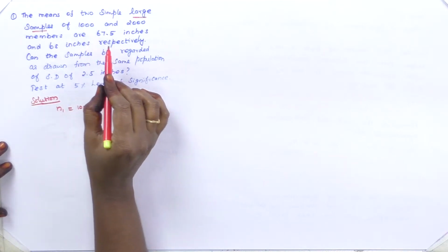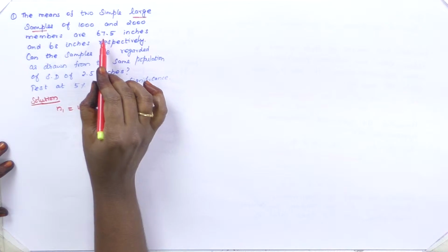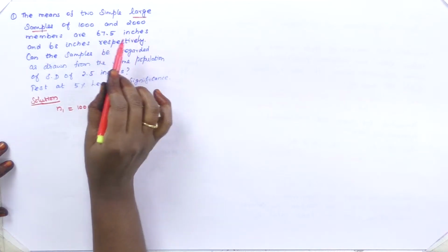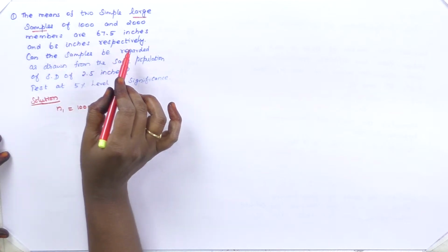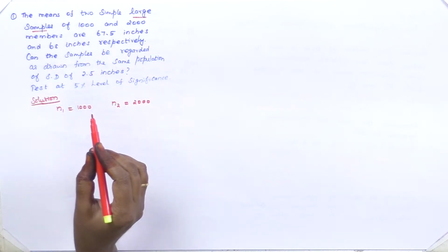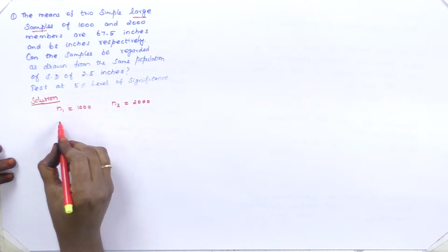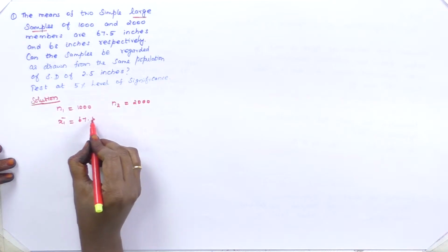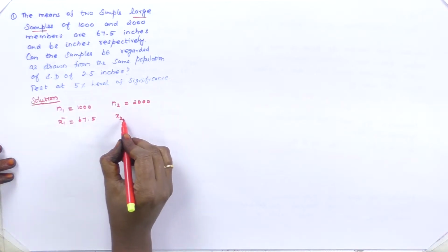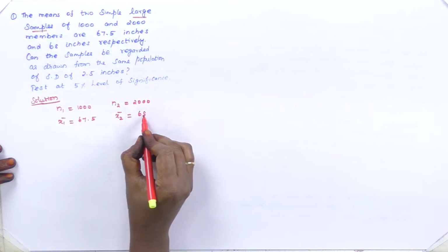The corresponding means of the two samples are 67.5 inches and 68 inches respectively, that is, x1 bar is 67.5 and x2 bar is 68.